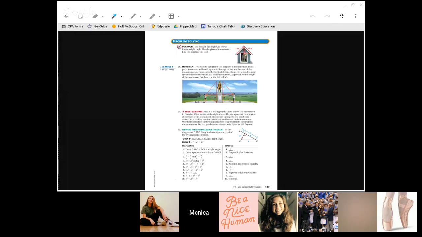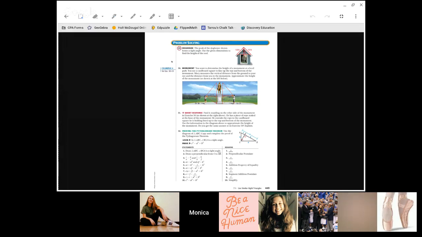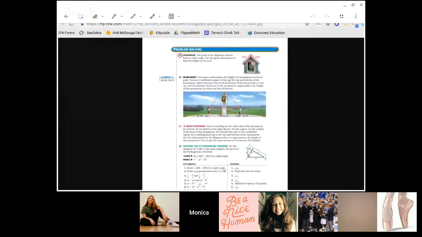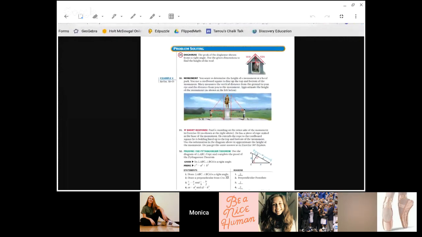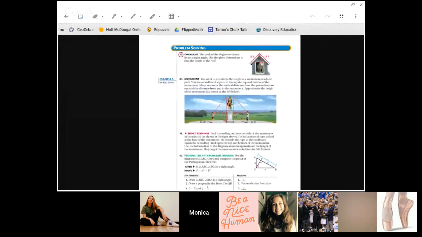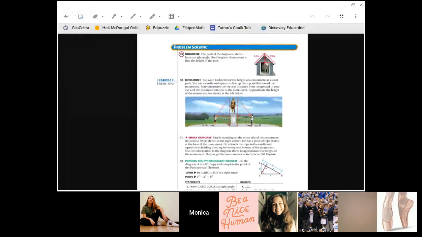So if we look at 30, let me zoom in. You want to determine the height of a monument at a local park. Use cardboard square to line up the top and bottom of the monument.